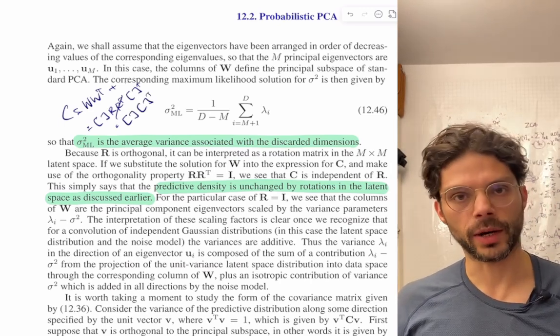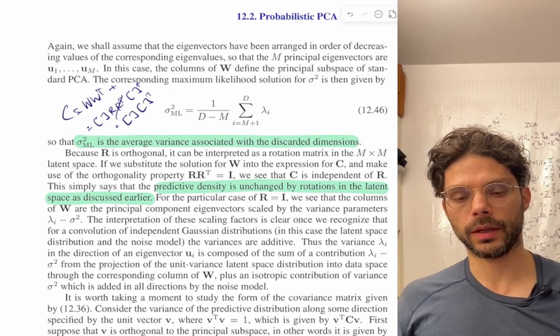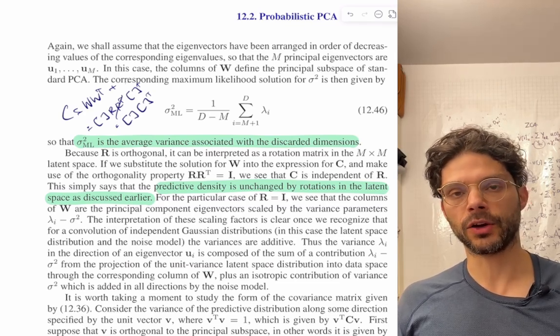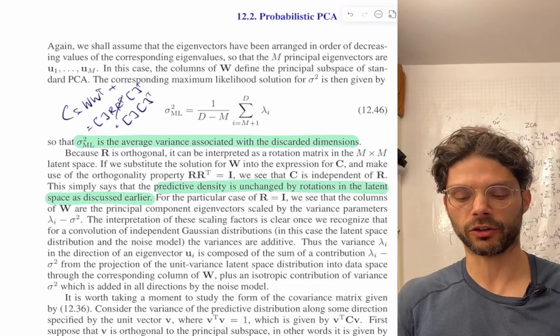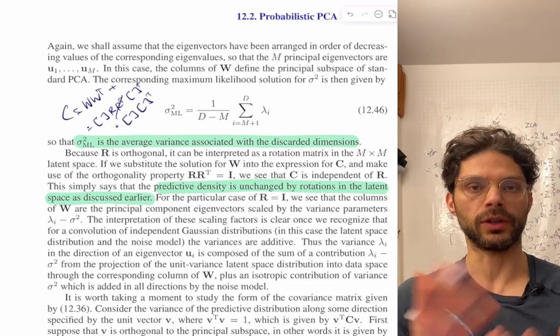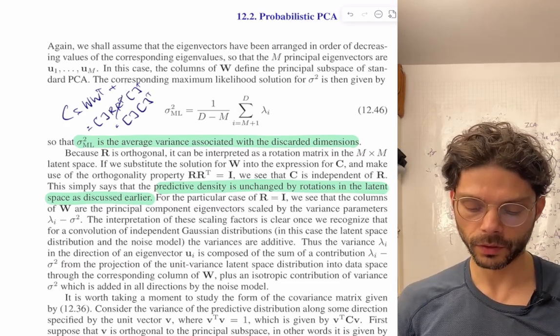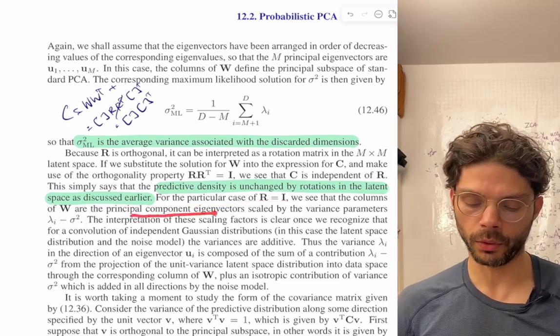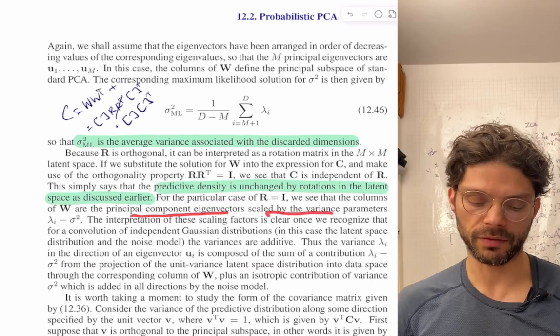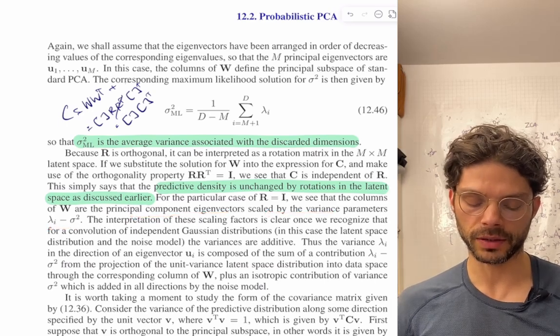And that's just saying there's some arbitrariness in how you define your latents. They're rotationally symmetric, so you can move them around and it doesn't really matter. For the particular case of R equals I, we see that the columns of W are the principal component eigenvectors scaled by the variance parameters, lambda_i minus sigma squared.